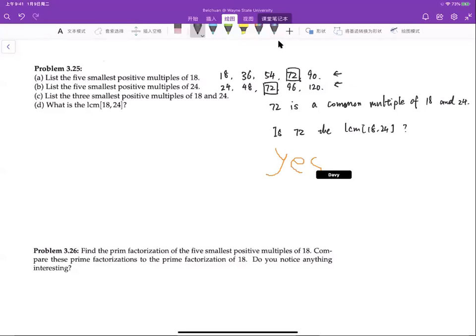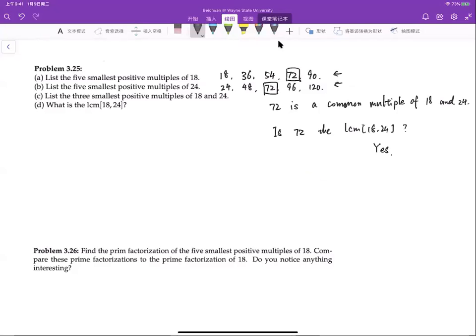From the two lists, do you see any smaller common multiples? No, because 72 is the smallest one. So that means 72 is the LCM of 18 and 24. Right? Yes.